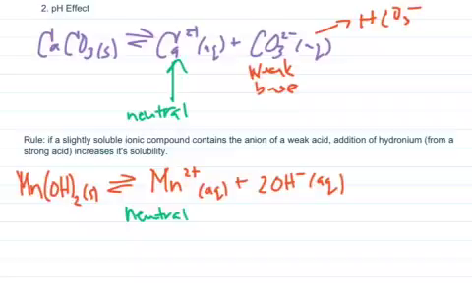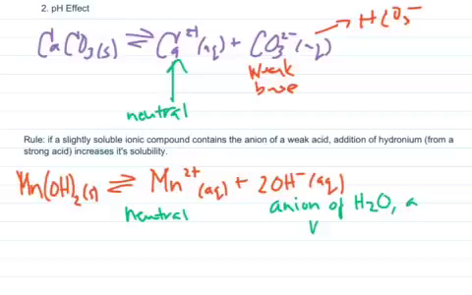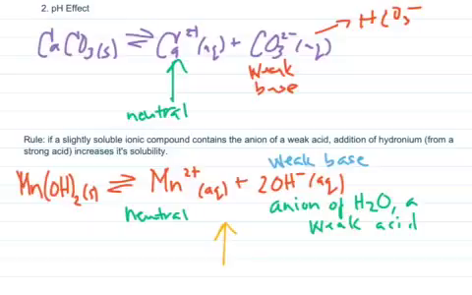And the hydroxide is the anion of water, which is a weak acid. So that means hydroxide is going to be our weak base. So because we have a weak base, that means we have an increase of solubility.